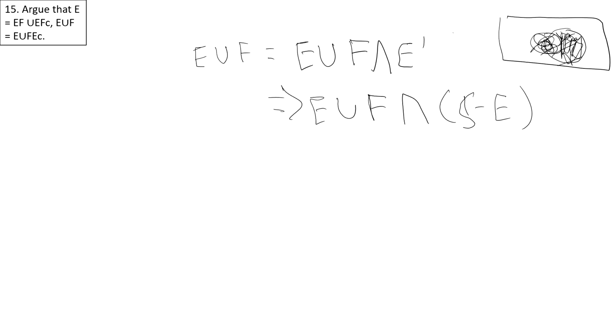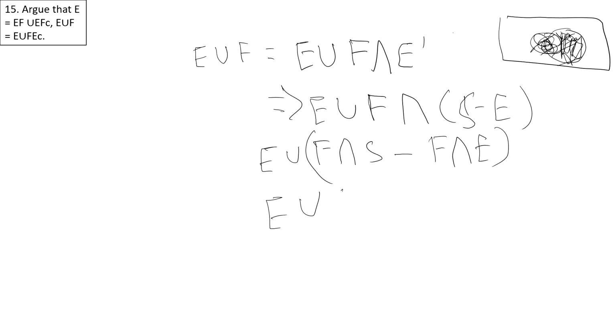So what we will get is E union F intersection S minus F intersection E. So that is basically E union of F minus F intersection E, which is basically the right hand part of this part.